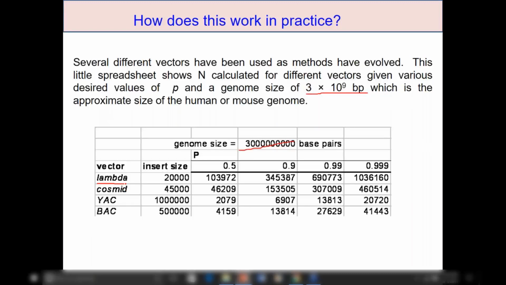If I use lambda as a vector, which can insert up to 20,000 base pair, for 0.5 probability, that is 50%, I need this many plasmids. For 0.9, I need this many plasmids. For 0.99, this many. For 0.999, this many. The same way, if I use yeast artificial chromosome, just imagine, for 0.99 itself, I need only around 20,000 clones. See the difference between this plasmid and that plasmid.